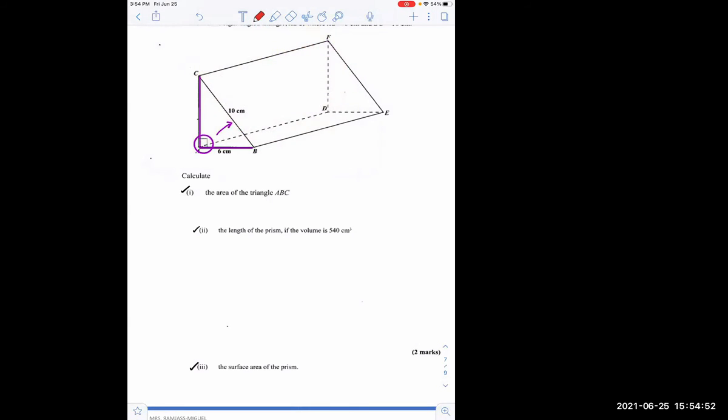So this is the square root of 10 squared minus 6 squared. Work it out. And this is one of the Pythagorean triples. Remember, I told you all just now.